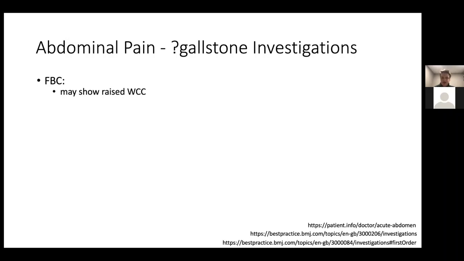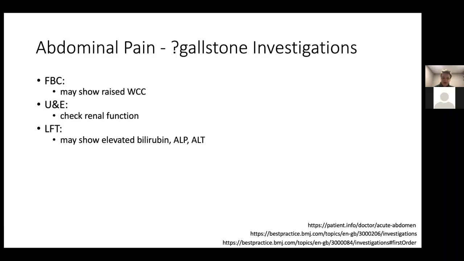U&Es to check renal function. If you're going to start them on any antibiotics or other medications, it's good to have a baseline of their kidney function. LFTs, so you want to know their bilirubin, ALP, ALT, and gamma GT as well. CRP is a marker for inflammation, so that may be raised.